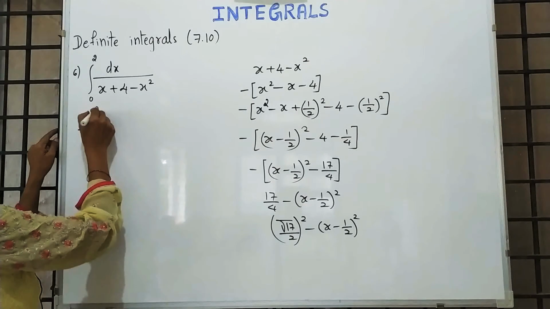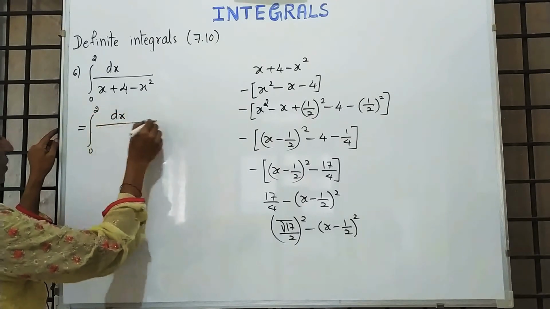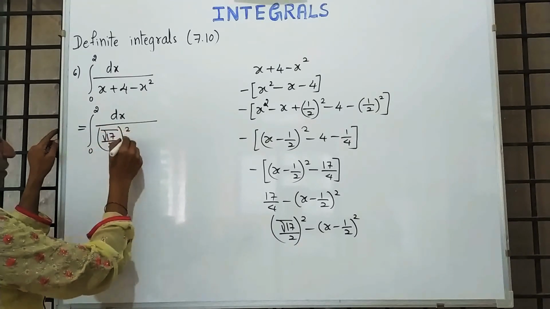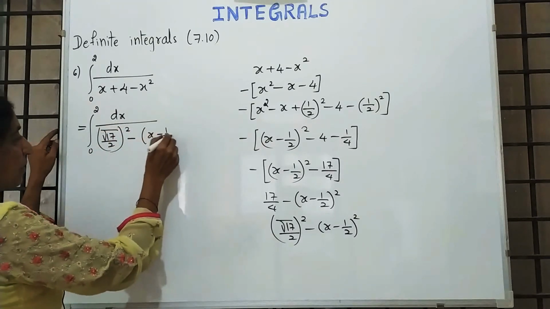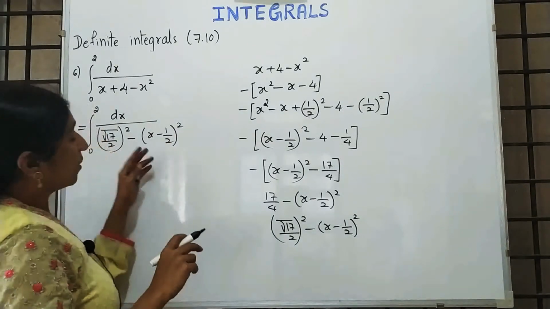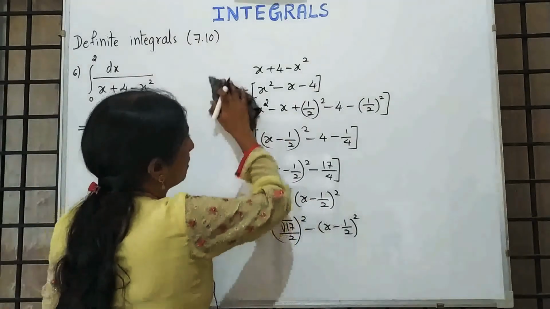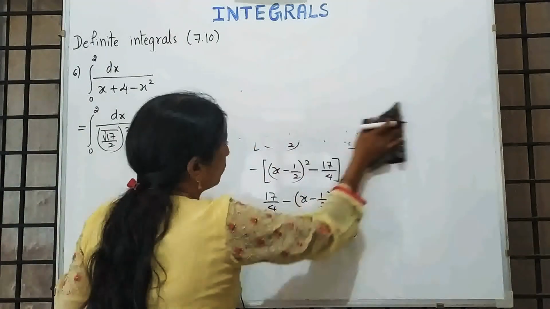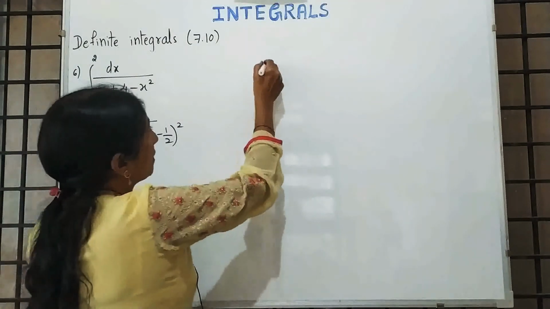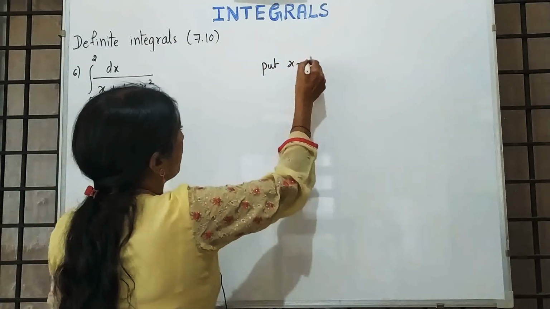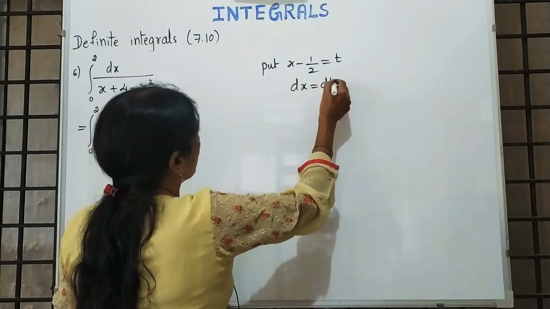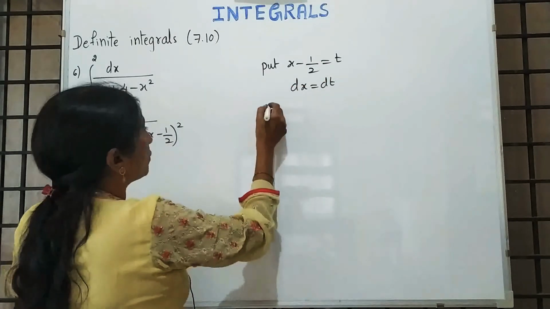Integration from 0 to 2, dx upon root 17 by 2 whole square minus x minus 1 by 2 whole square. See, for our convenience, now we have to go for a substitution here. I think you understood this. Now there is no place, that's why I am rubbing that. Put x minus 1 by 2 is equal to t. dx is equal to dt. Here we have to change the limits.